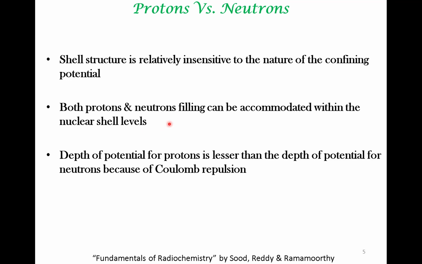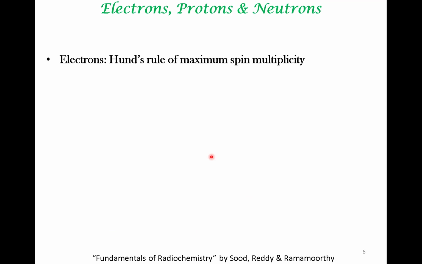The depth of the potential for protons is lesser because of Coulomb repulsion. The neutrons do not feel Coulomb repulsion. Therefore, the depth of the potential felt by the proton is lesser, so the proton potential is less deep compared to the confining potential for neutrons.